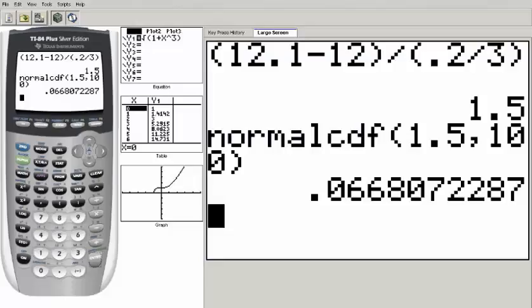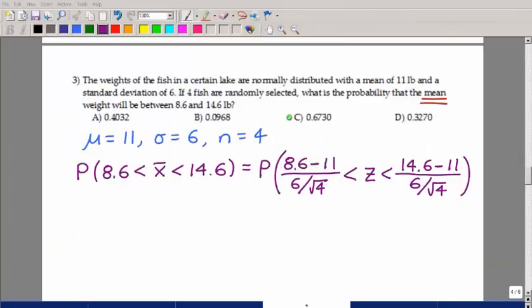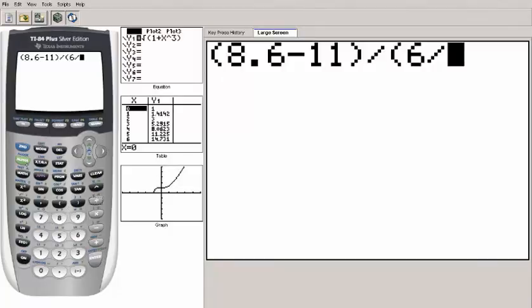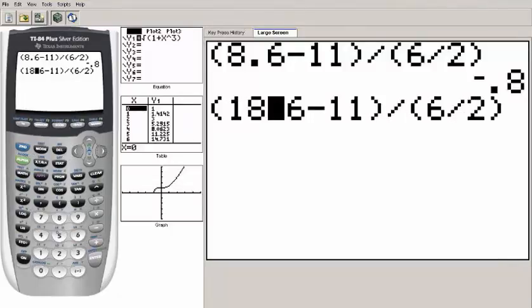So let's go back to the calculator and see what these two values are going to be. 8.6 minus 11 divided by 6 divided by 2, the square root of 4. Enter. And now I'll put the same in there for 14.6. Second insert. 14.6.